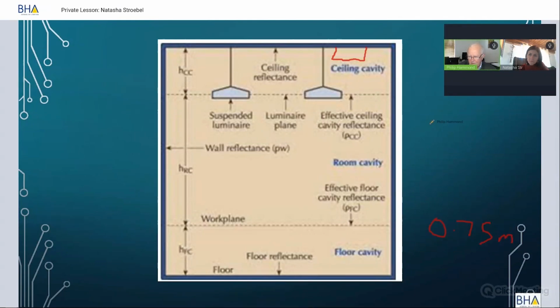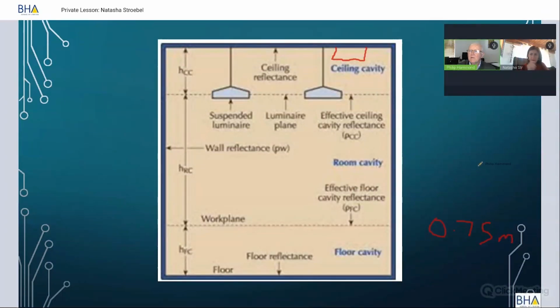So we'd calculate what that is. We're going to do an exercise on it. We're going to look at the calculation sheet in a moment. So what we're interested in is calculating what the room cavity ratio is. In other words, the space between the working plane and the light fitting, wherever it may be.